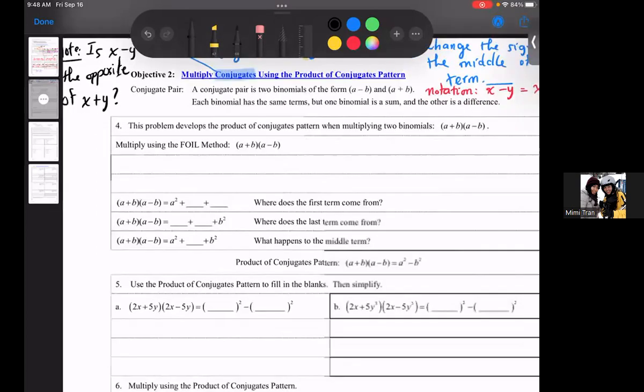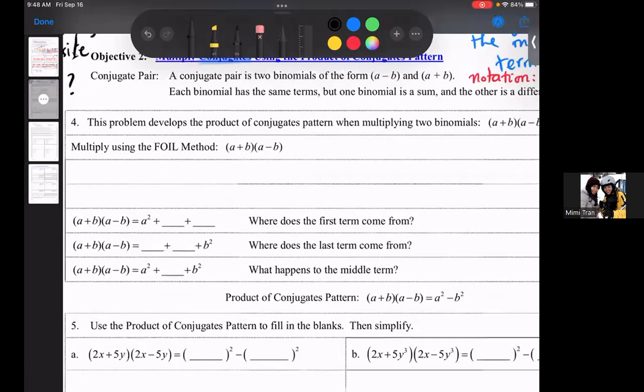First of all, I'm going to use the FOIL method to demonstrate this. So again, first, a squared. Outer, a times negative b is minus ab. And then inner, b times a is the same thing as a times b, so plus ab. And then last, b times negative b is, what's b times negative b? Yeah, thank you, negative b squared.